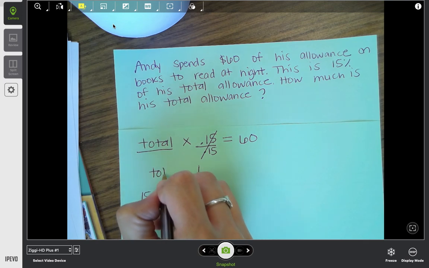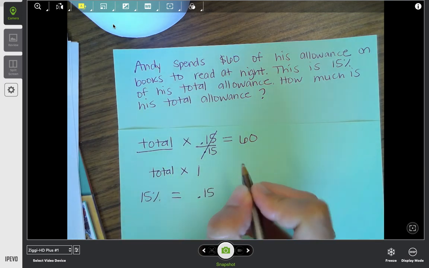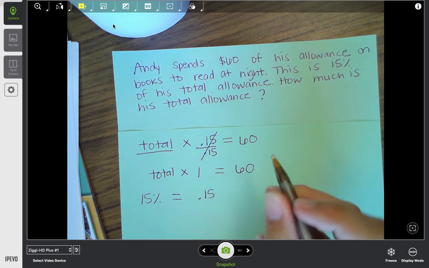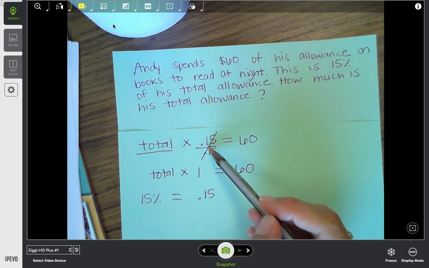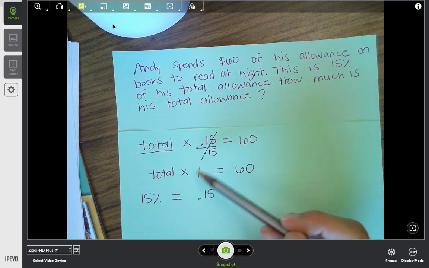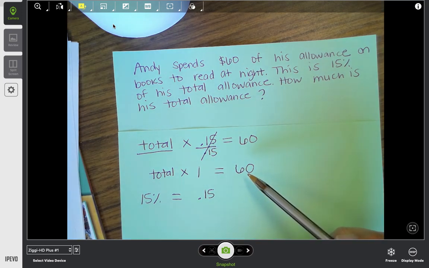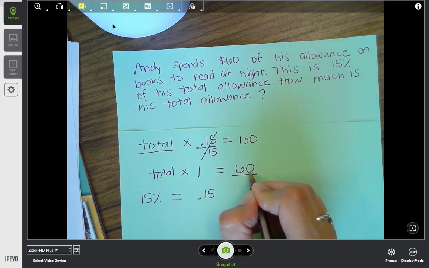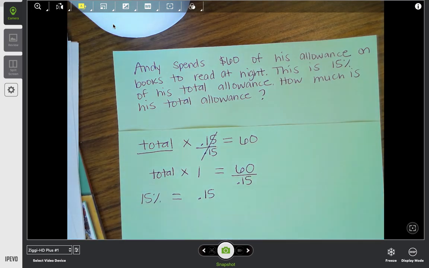So it would now be our total times 1 is going to be equal to, and here's what you have to remember. If I do something to one side of the equation, in this case, I divided by 15 hundredths, you have to do it to the other side of the equation. So I would also want to divide this side, 60, by 15 hundredths, okay?